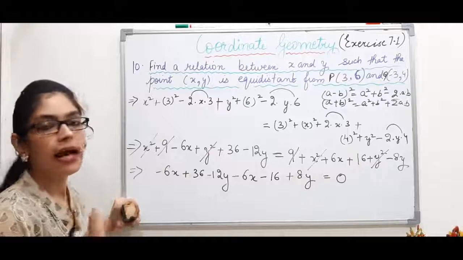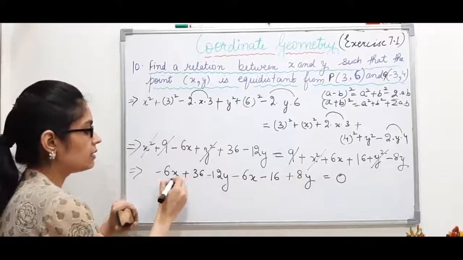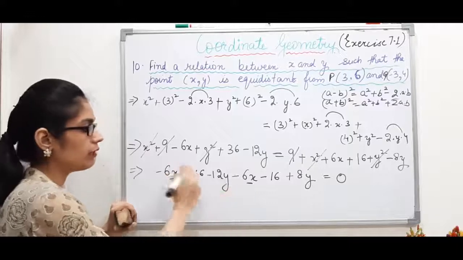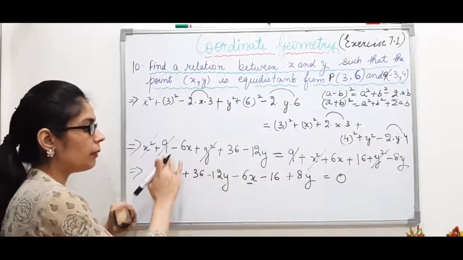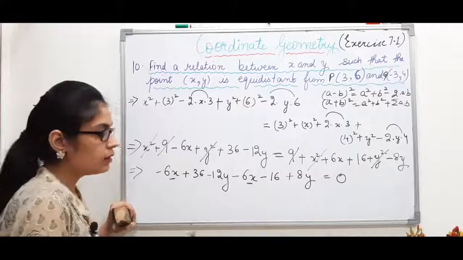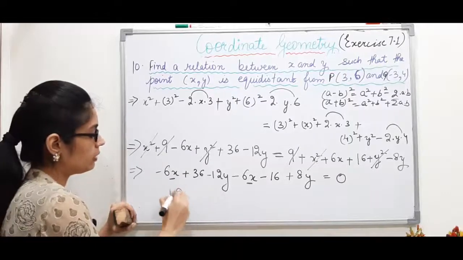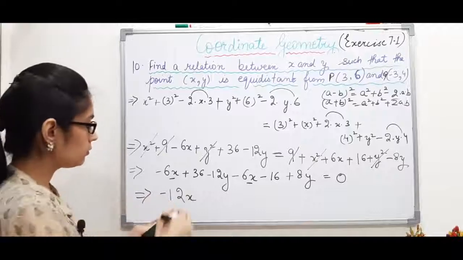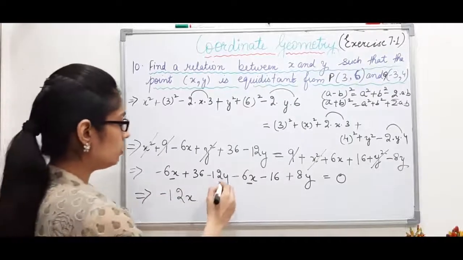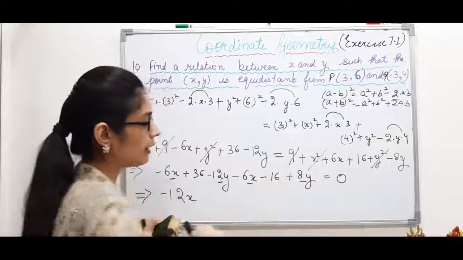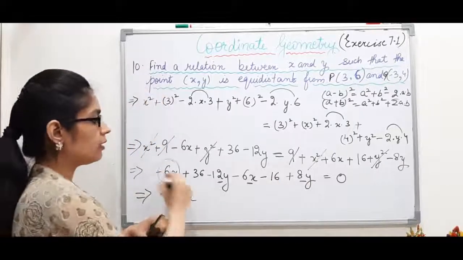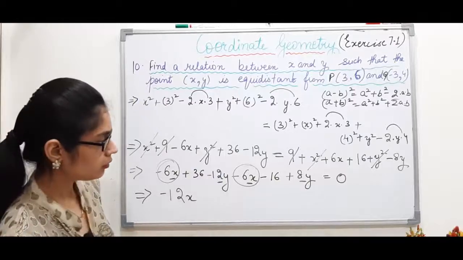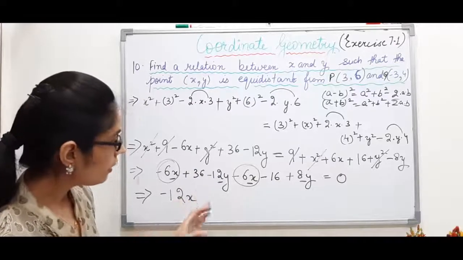Now we can add all the like terms. So minus 6x and minus 6x, these two terms are like terms because they both have x as their variable. So minus and minus it is plus, 6 plus 6 it is 12 with a minus sign. Now this minus 12y and 8y, these are like terms, so terms which I have already used I will circle so that we don't do any mistake.